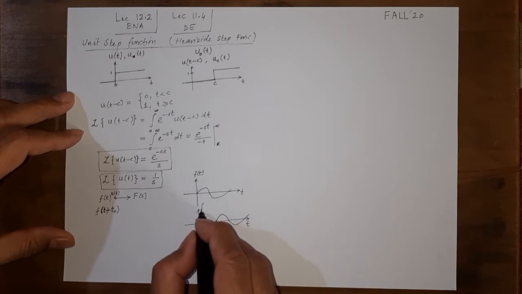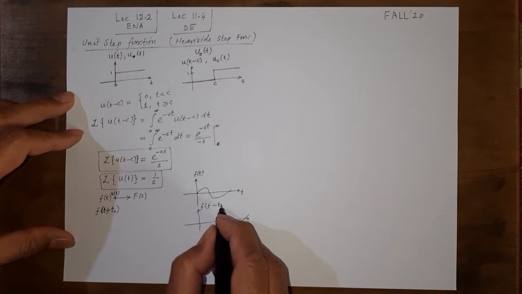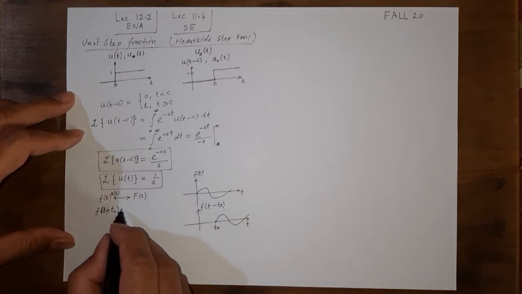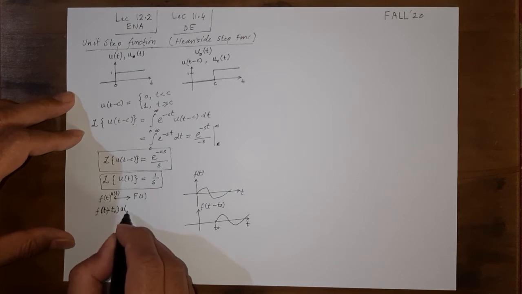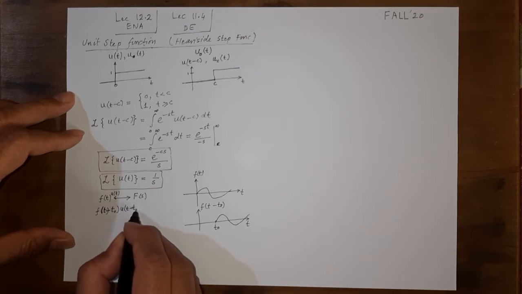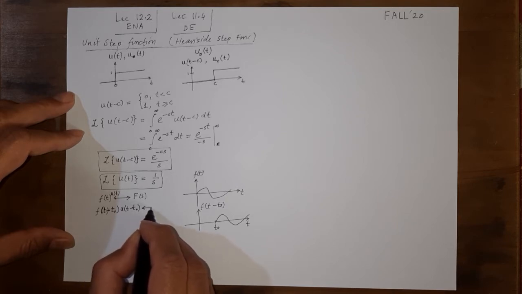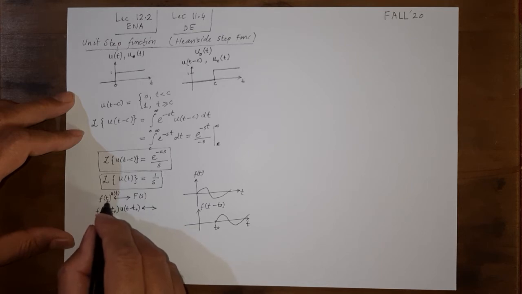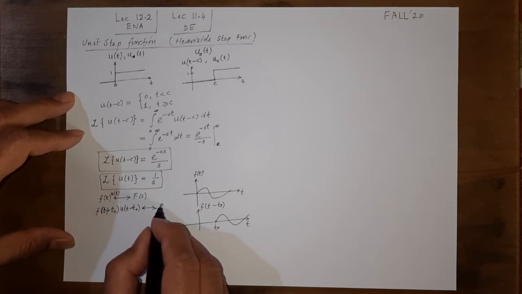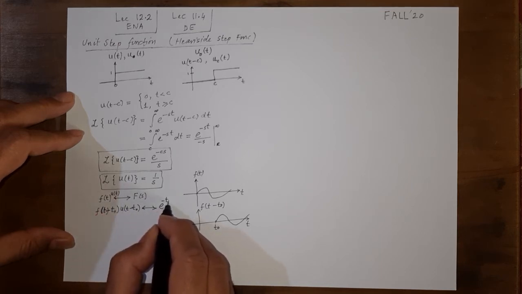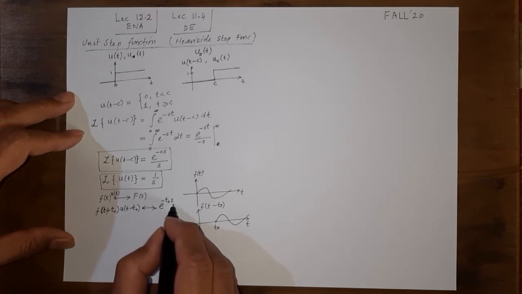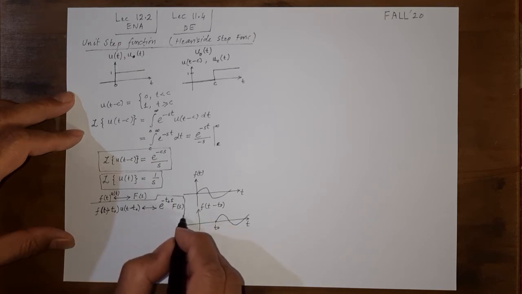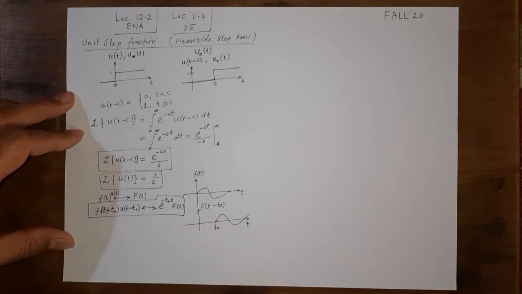So this becomes f(t minus t naught). There is a delay of t naught. The function starts after t naught delay, and the associated u(t) would also become u(t minus t naught). Then the Laplace transform for this shifted version of the function will be e raised to the power minus t naught s times F(s). Now this is a very important result, and often we are going to make use of it.